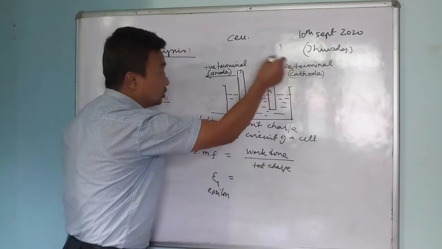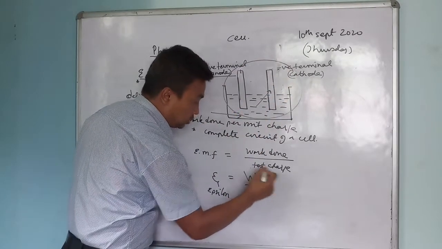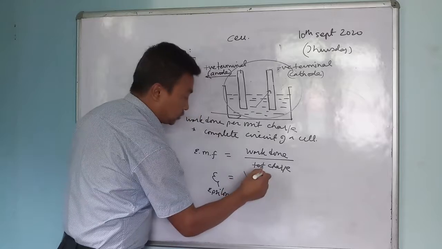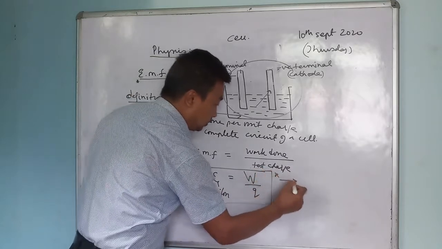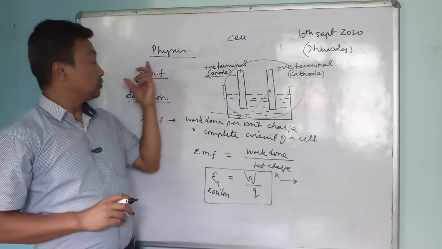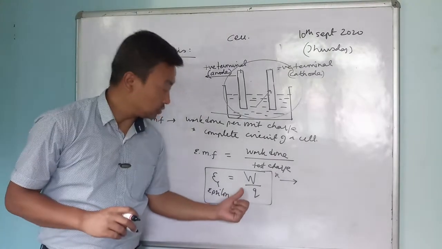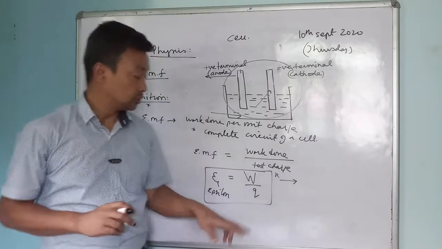The work done across the complete circuit of the cell is given by W, and you are moving the charge, suppose I take the charge to be small q. So this is the first definition, that is, your EMF, electromotive force.